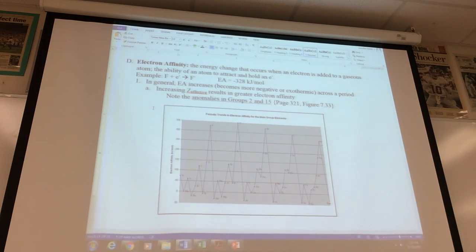Okay. Electron affinity is the energy that is released in almost all cases when an electron is added to a gaseous atom. So it's the ability of an atom to attract and hold an electron it didn't have previously.